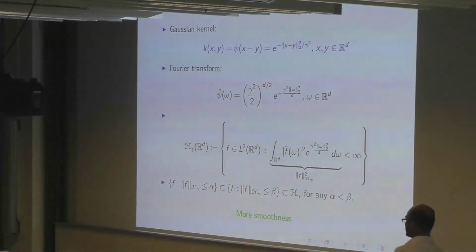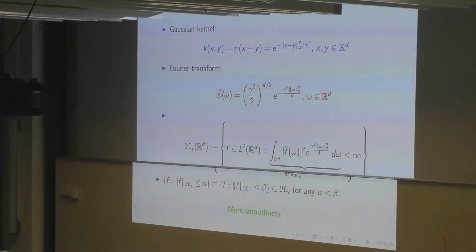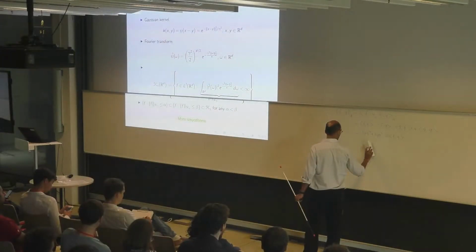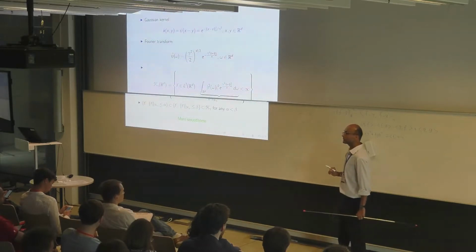Why is this needed? This is what you would use in your kernel methods, right? So we saw in learning theory that this is your space of all functions, and then you want to pick some f.